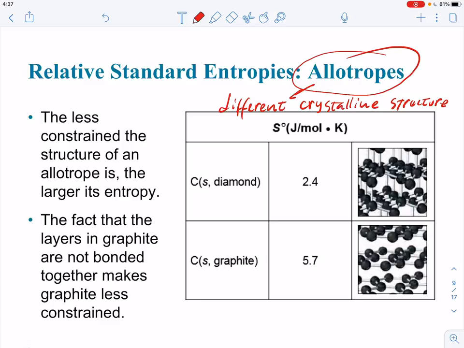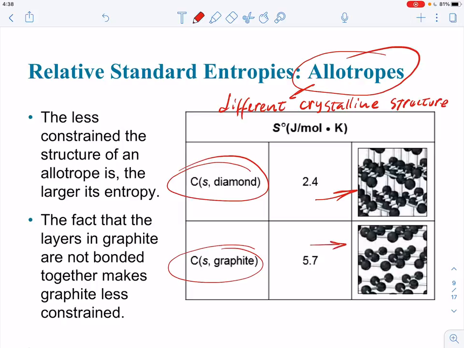So for example, the two examples that we have here are diamond and graphite. Diamond is a very rigid crystalline structure. You can see that as a 3D network of atoms interconnected with each other. So there is very little room to do anything in that crystalline structure. That's for diamond.